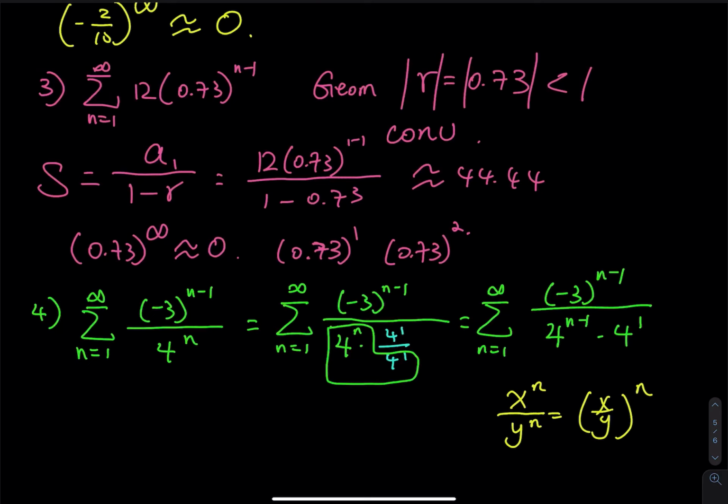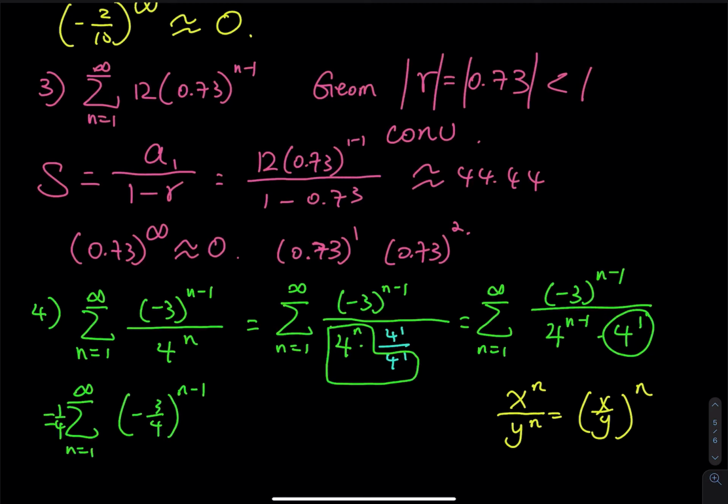So back to the green, we have the sum, n goes from 1 to infinity. The 1 over 4 doesn't affect it. There is no n attached to it, so we can just factor it out. And then we have negative 3 over 4, raised to the n minus 1.